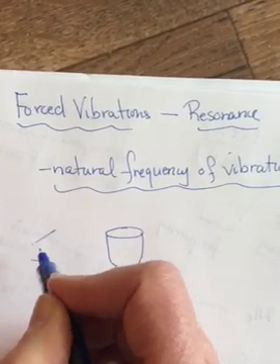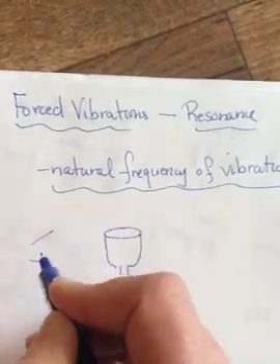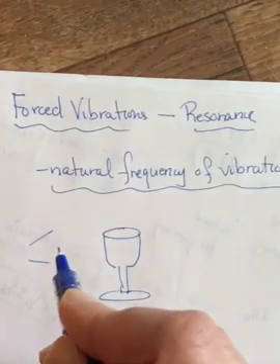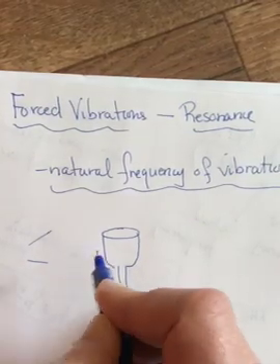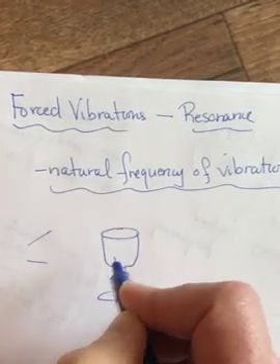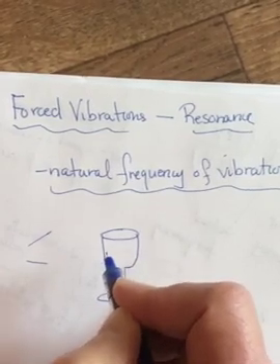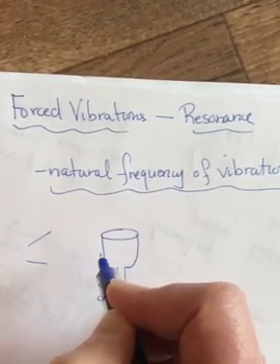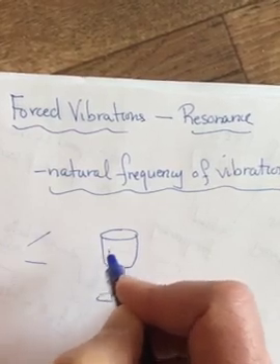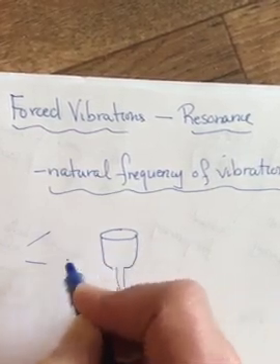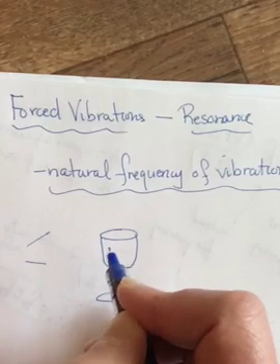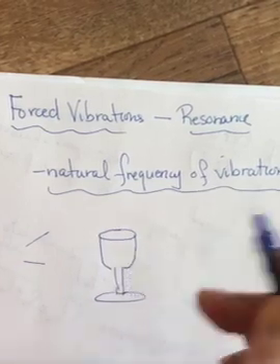So if that person can hit that particular frequency, that particular note, and hold it, they can keep feeding energy into this glass, and they will make the little molecules in the glass vibrate back and forth, back and forth, back and forth, and they'll keep getting bigger and bigger amplitude until they crack the glass.